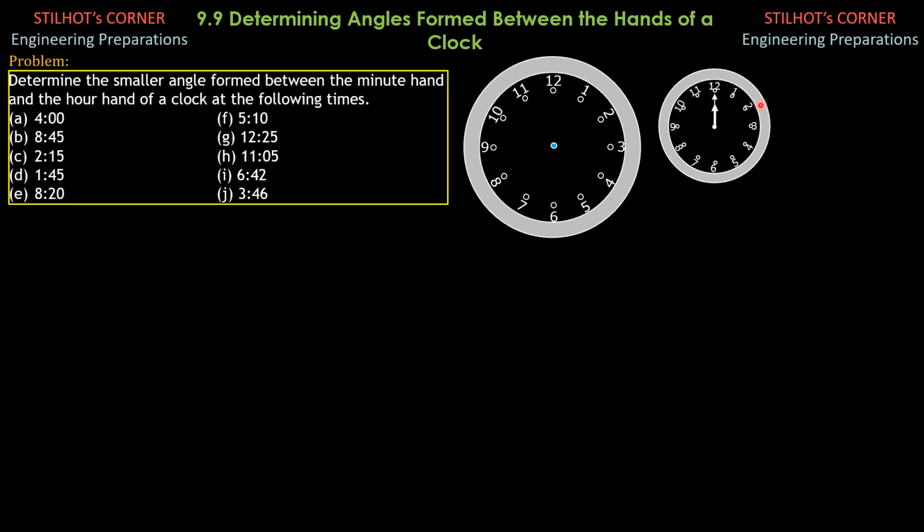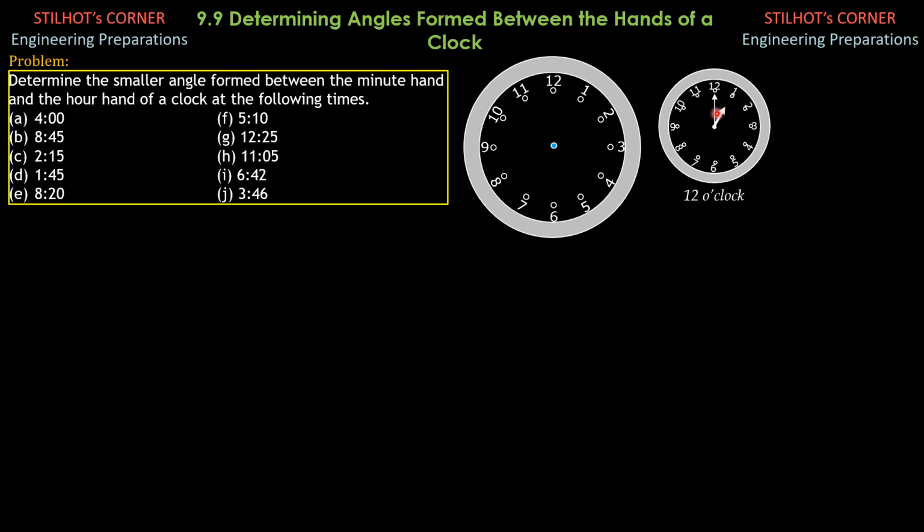So let's have the guide clock, which reads 12 o'clock. Then after 1 hour, notice the rotation of the minute hand and the hour hand. So we observe that the minute hand has turned one complete revolution or 360 degrees, and the hour hand has just turned one mark. It points to the 1 o'clock mark.